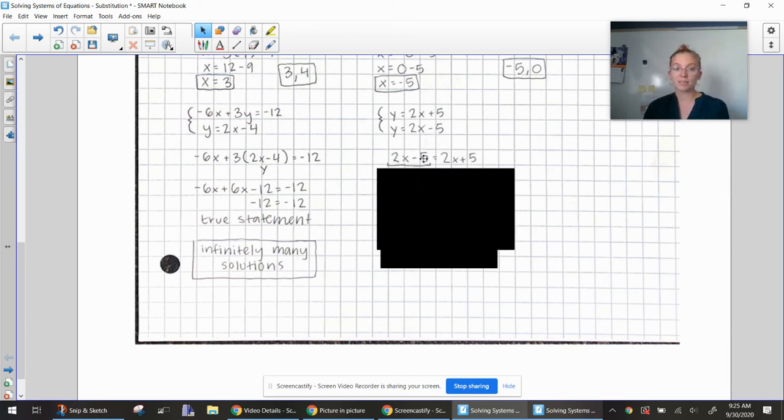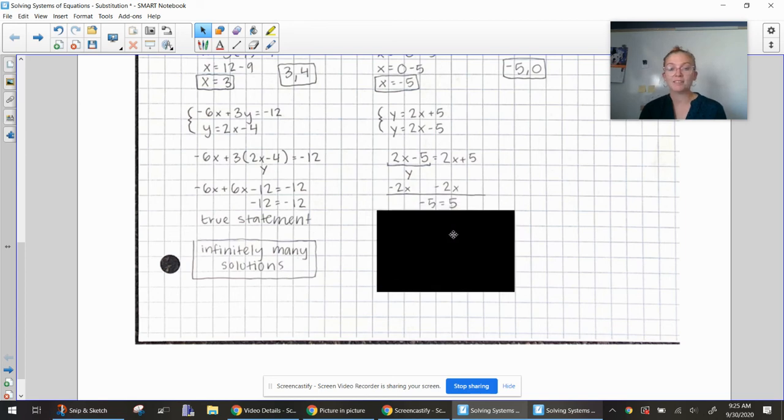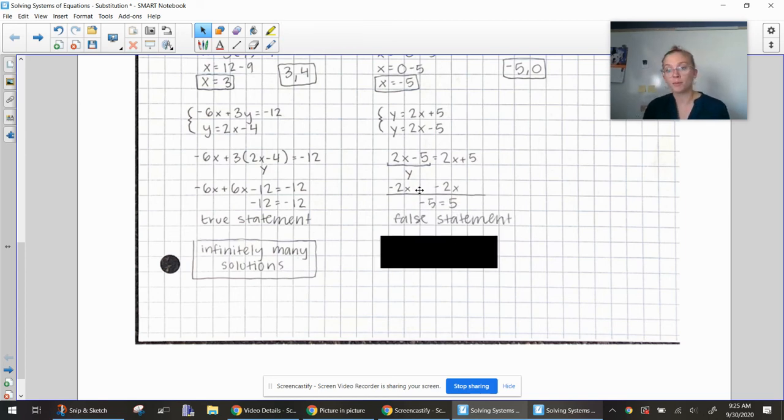So I have 2x minus 5 equals 2x plus 5. These are both equal to y. And I'm going to subtract 2x from both sides of my equation, and that leaves me with negative 5 equals 5. Again, we remember from our equations unit that if an equation results in a false statement, there is no solution.